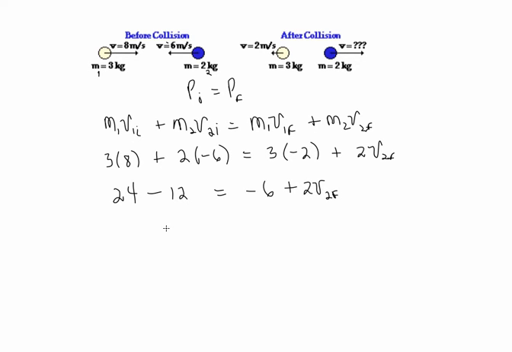All right, 24 minus 12 is going to give me 12, equals negative 6 plus 2 V2 final. I have to add 6 to both sides, so that's going to be 18 equals 2 V2 final. V2 final then is going to be 9.